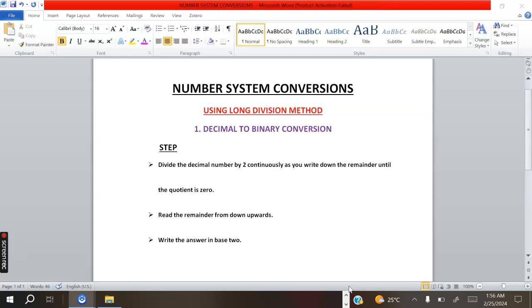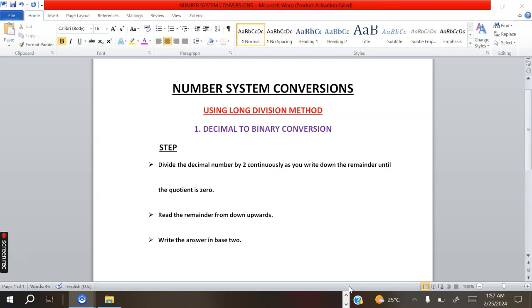In today's tutorial, I'm going to take you through the number system conversion, specifically decimal to binary conversion. We are going to dive into the whole thing using the long division method. Remember that we can convert a decimal to binary either using long division or the place value method.